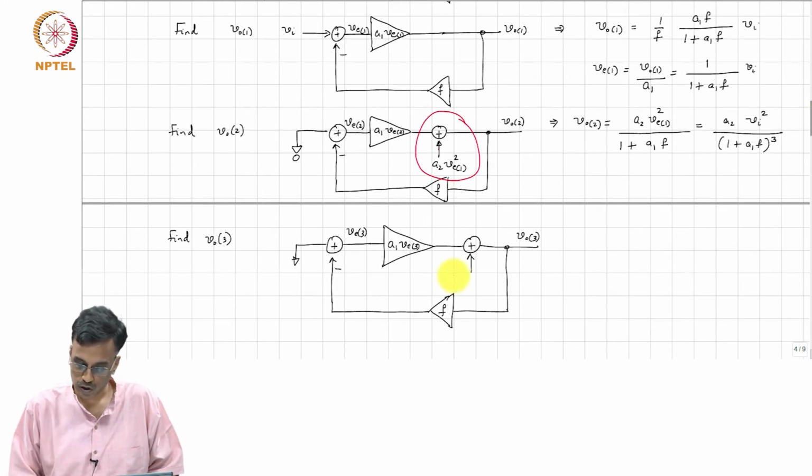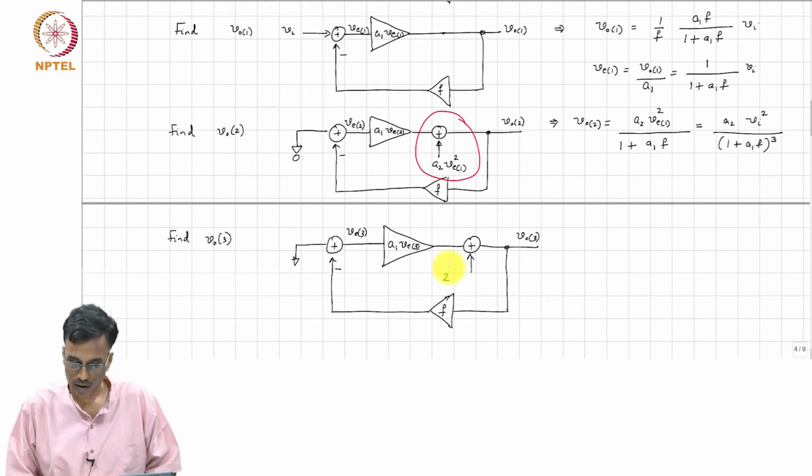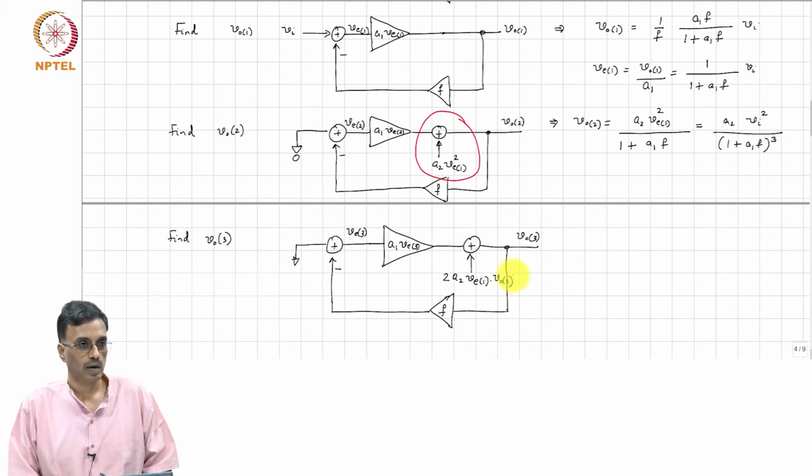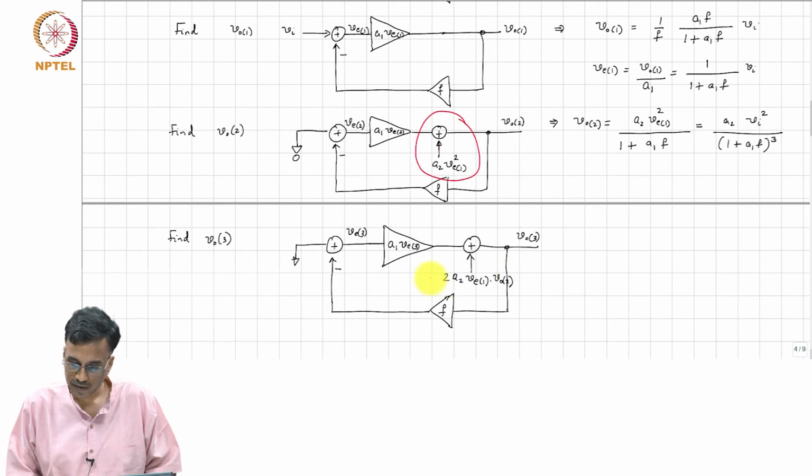So, this must be 2 A2 times V error 1 times VO2, correct, and plus A3 times V error 1 the whole cube.